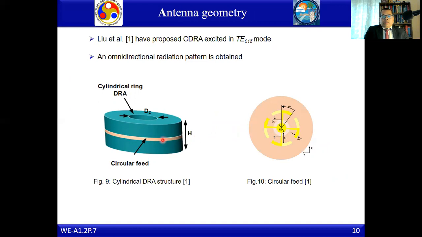And we also looked at the cylindrical ring DRA to see what kind of mode is excited. We have observed that the TE01 delta mode is excited in this cylindrical ring DRA, which has a circular slit here. We have employed a similar kind of slit as used in reference 1. And such a cylindrical ring DRA with TE01 delta mode has an omnidirectional radiation pattern.